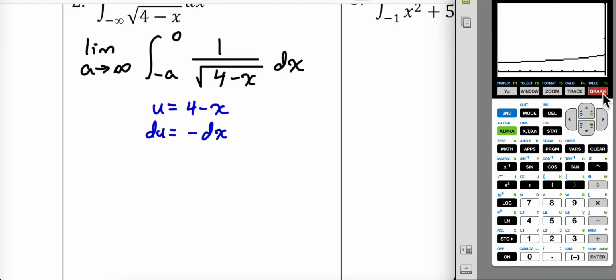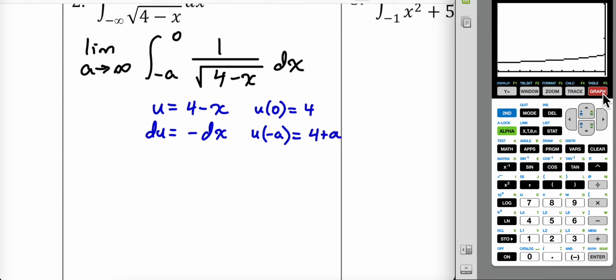Now I can actually manipulate my bounds to be consistent with my u. So u of 0 is going to be 4. u of negative a is going to be 4 minus negative a, so 4 plus a.